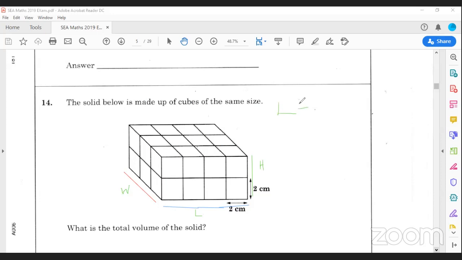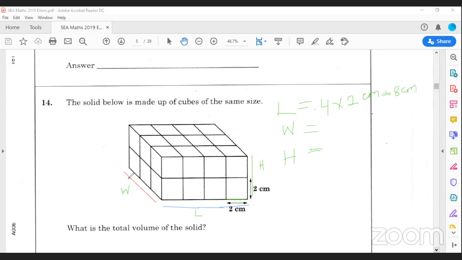L for length, W for width, H for height. So the length is going to be 1, 2, 3, 4 by 2. So to get the length is going to be 4 multiplied by 270 meters. Okay, so the length is going to be 8 centimeters.